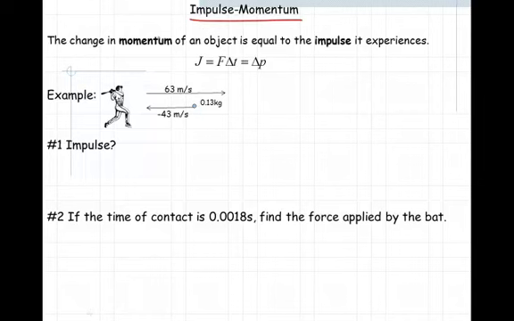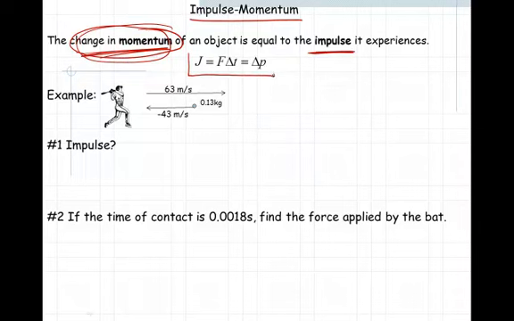It tells us that the change in momentum, not just the momentum, but the change in momentum, is equal to the impulse that an object experiences. So this is the equation that states that the impulse, which is the force times the time, is equal to the change in momentum.